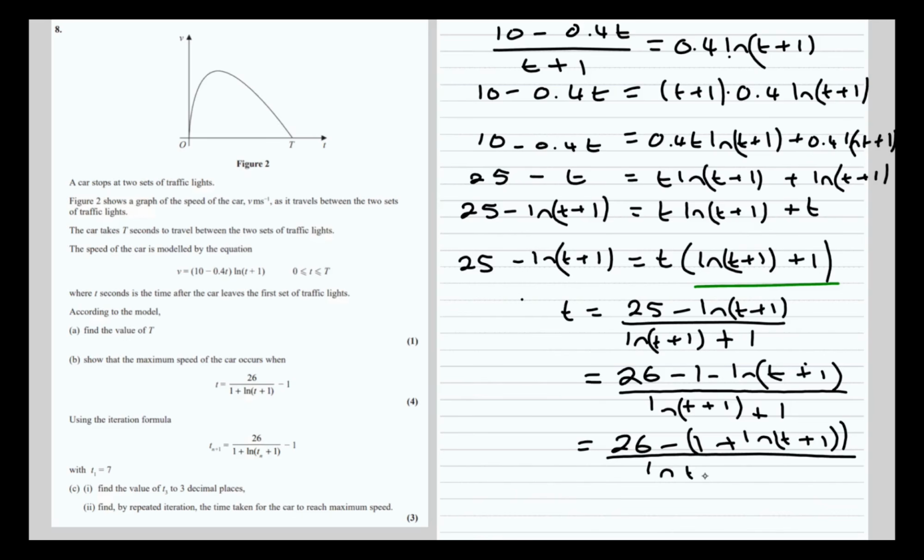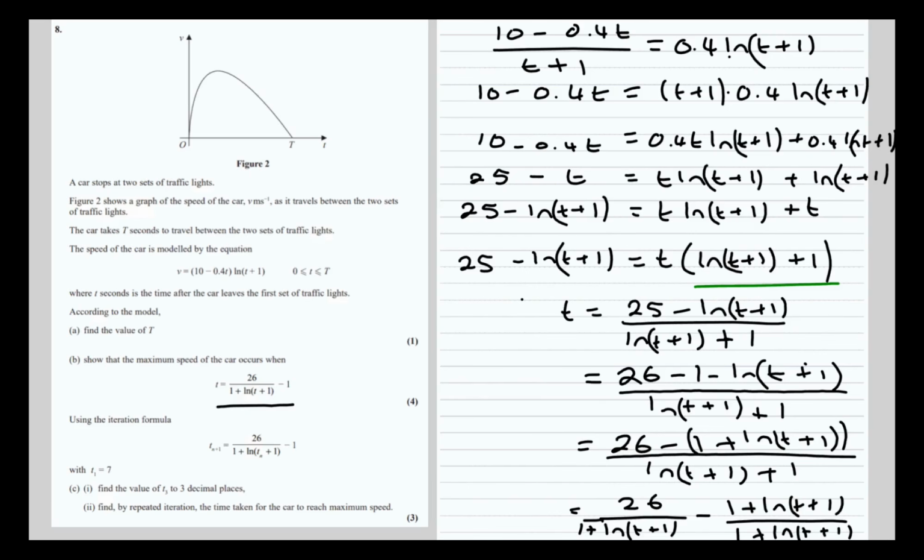So we can see we've got the denominator here. So we can split this out into two fractions. So we can have 26 over (1 plus ln(t plus 1)). I'll put the 1 in the front like it is in the answer. And it'll be minus (1 plus ln(t plus 1)) divided by (1 plus ln(t plus 1)).